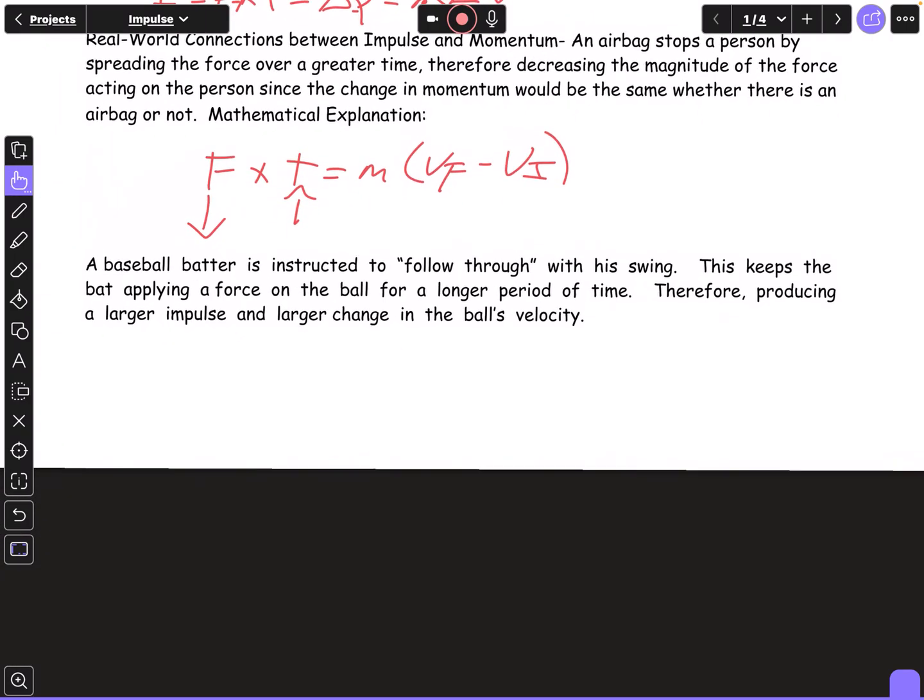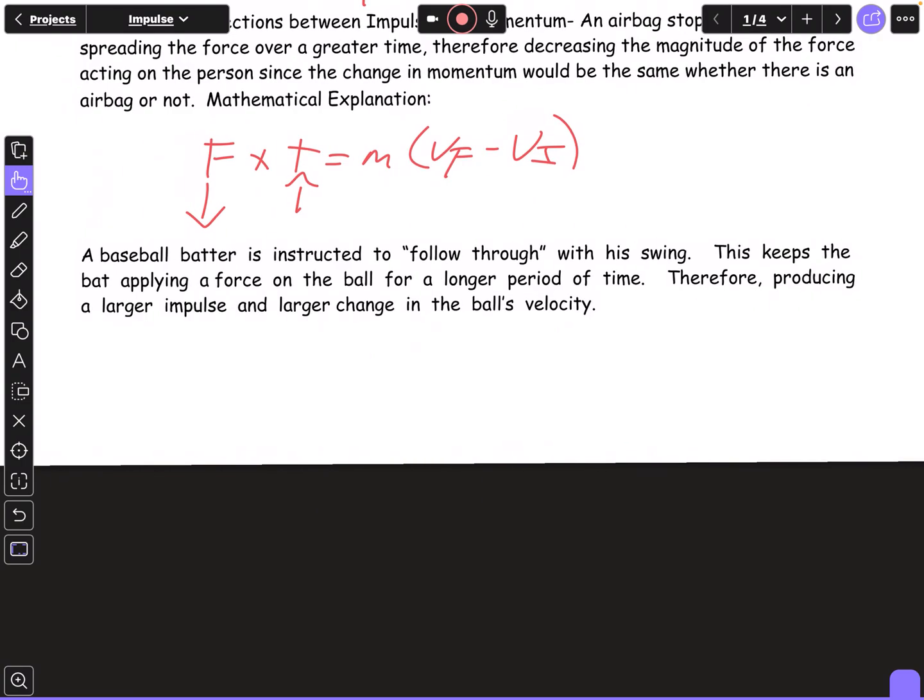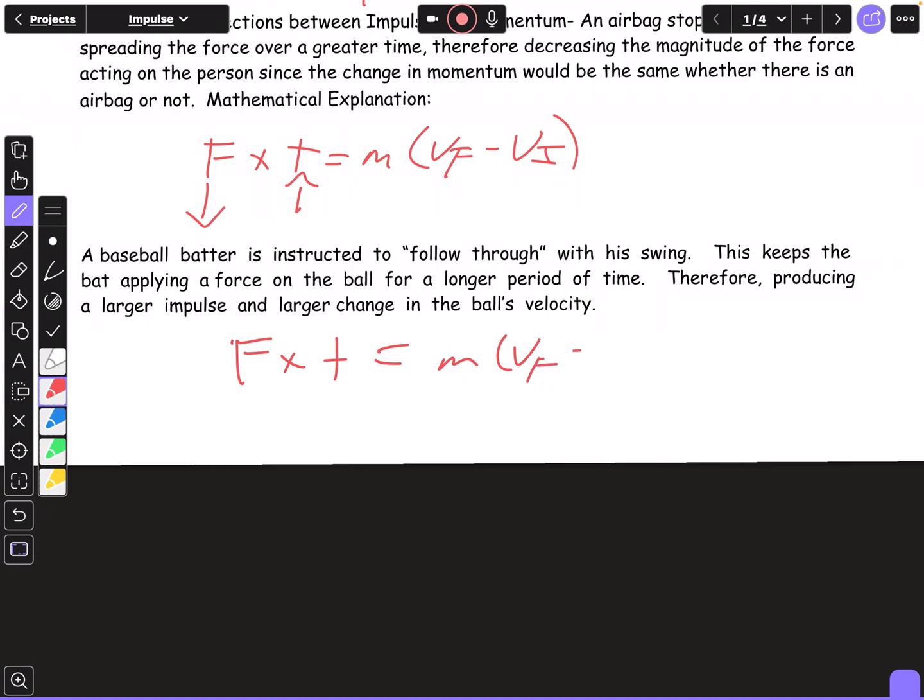Now next, a baseball bat is instructed to follow through with a swing. This keeps the bat applying a force on the ball for a longer period of time, therefore producing a larger impulse and a larger change in the ball's velocity. So if I looked at it from this point of view, it says follow through, you keep contact for a longer period of time.